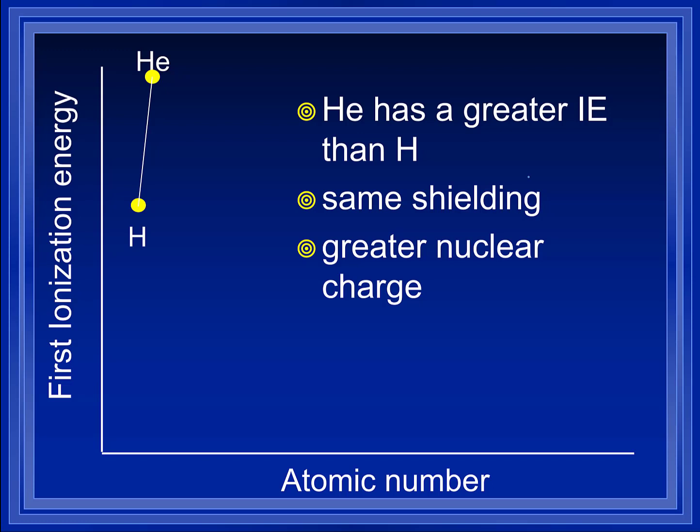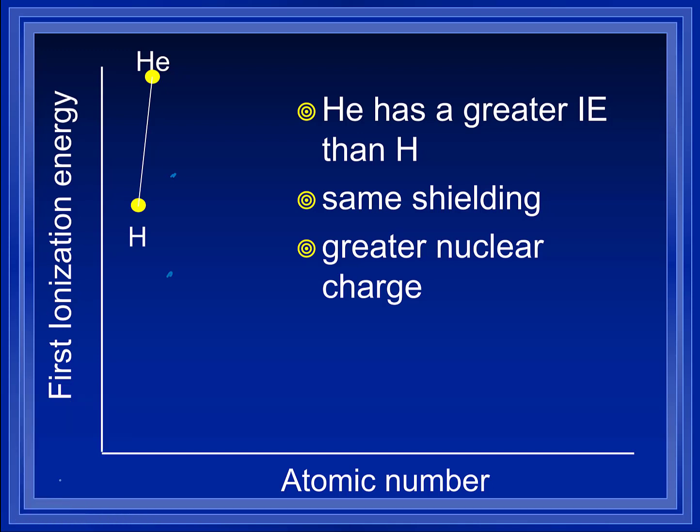Next comes lithium. Does it make sense to compare lithium to helium? No, because they're over there. So what does it make sense to compare lithium to? How about hydrogen? Should the ionization energy be lower or higher for lithium? Should I make it here or here?